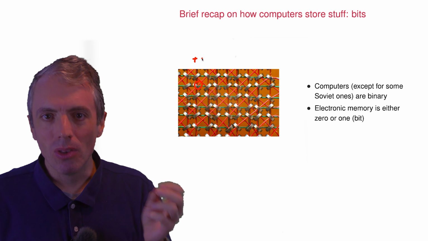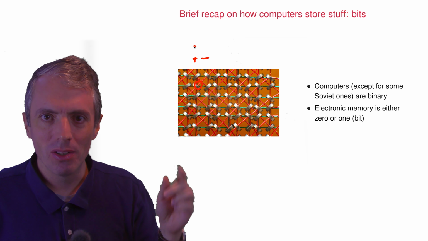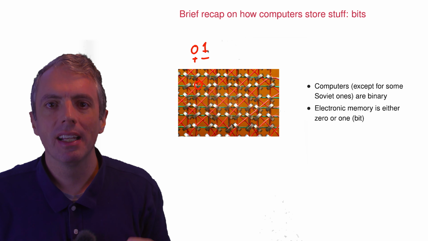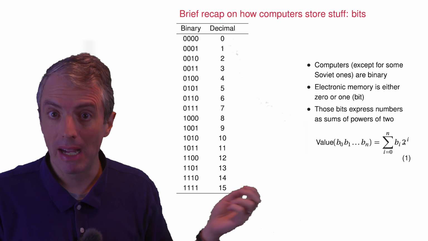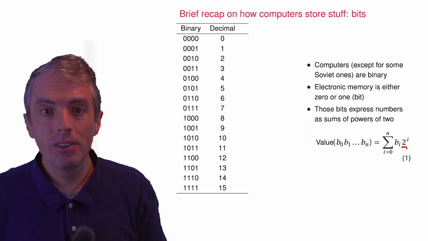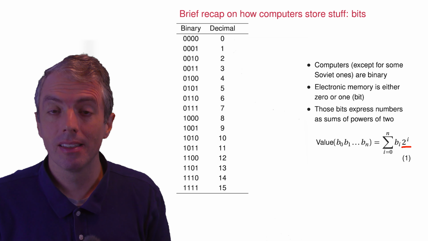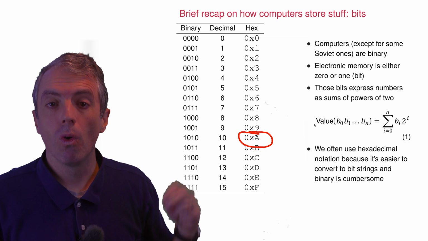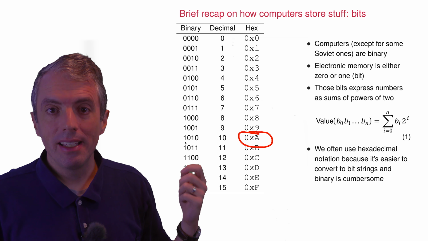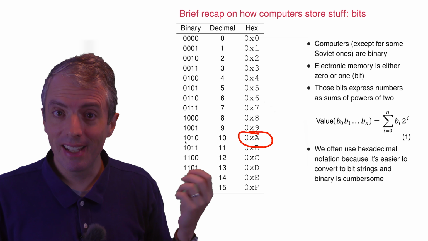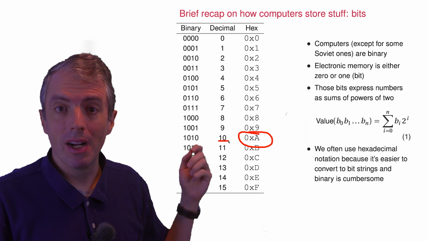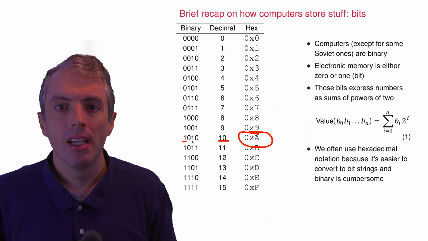You combine those individual binary digits into a number by multiplying the binary digit by the corresponding power of 2. We'll often use a hexadecimal code as a shorthand because each hex character corresponds to 4 bits. For example, A corresponds to 10 in decimal, which requires an 8 and a 2.